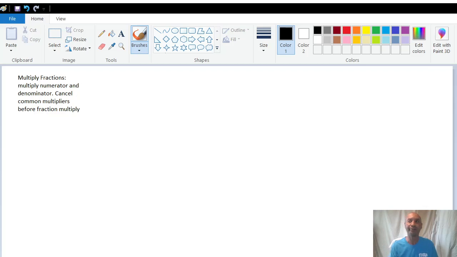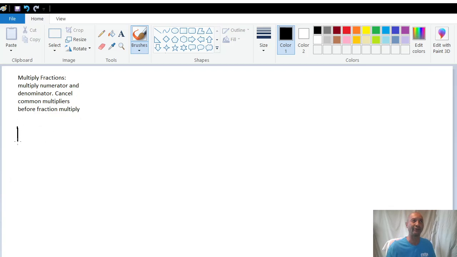And if the fractions allow, then you want to find common multiples in the numerator of one fraction with the denominator of the other fraction and cancel those out so that the multiplication of the fraction itself becomes a lot easier. And here's a couple of examples.